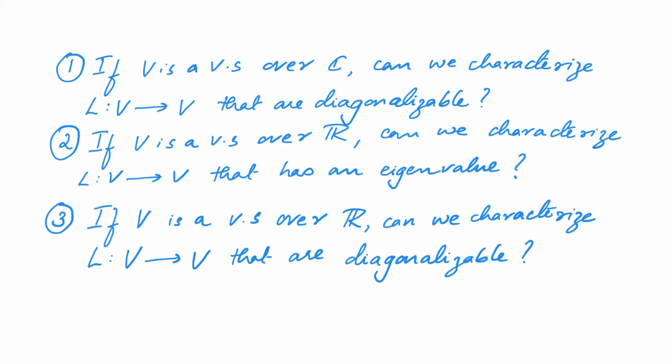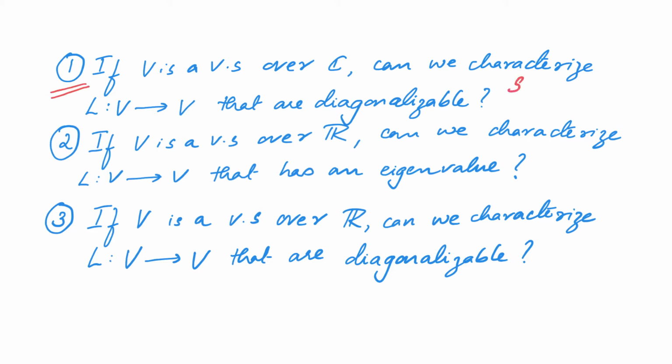We are interested in questions like: one, if V is a vector space over C, can we characterize operators on V that are diagonalizable? Two, if V is a vector space over R, can we characterize operators on V that have an eigenvalue? Three, if V is a vector space over R, can we characterize linear operators that are diagonalizable? So these are the kind of questions that we are interested in. And in this video, we will give a partial answer to question 1.